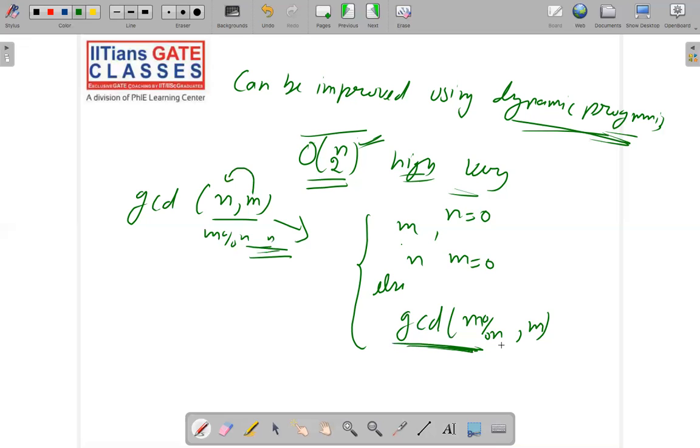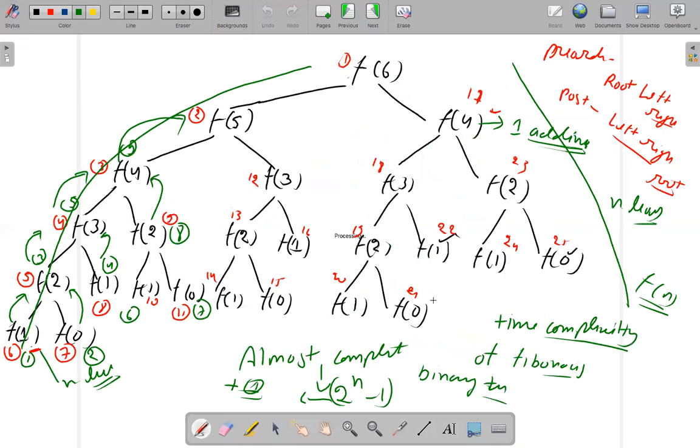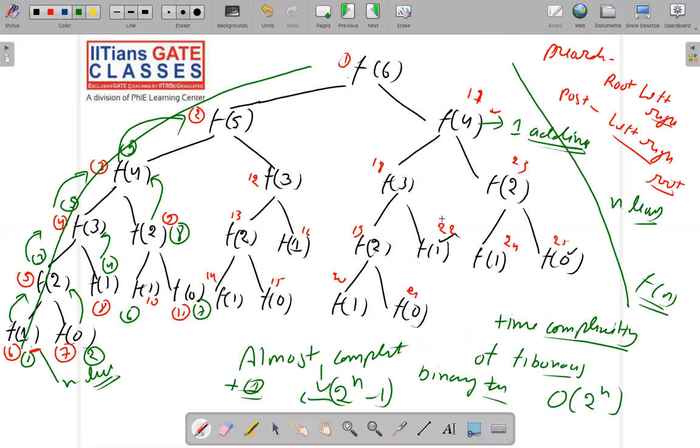So once you know the recursive function and how you can calculate the time complexity of this recursive function. Right now here, we have calculated the time complexity as order of 2 raised to power n by constructing this tree. Okay. So this method of calculating time complexity by constructing this tree is called the recursive tree method.